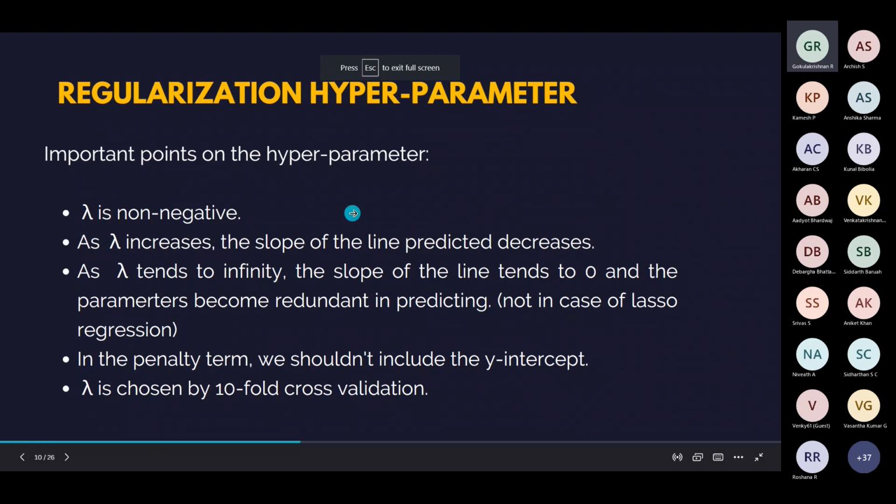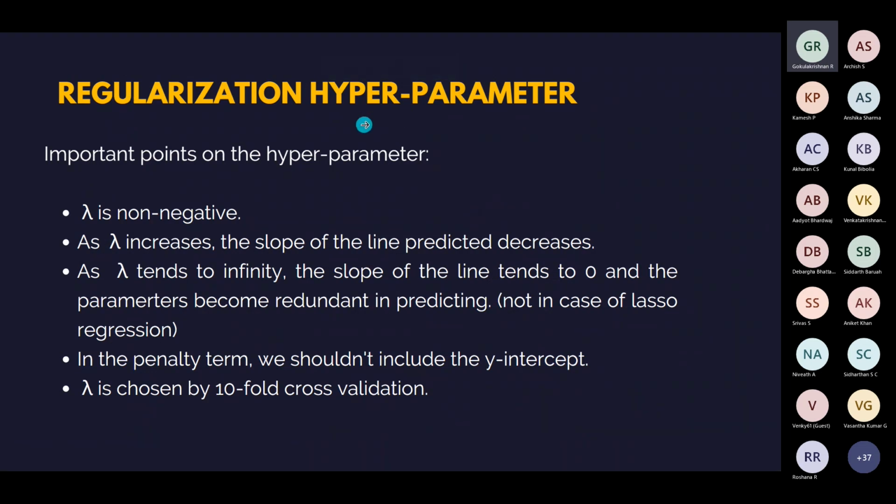There are some important points regarding lambda. Lambda is also known as the regularization hyperparameter. You have to know the difference between a hyperparameter and a parameter. Parameters are the values which you find using the model.